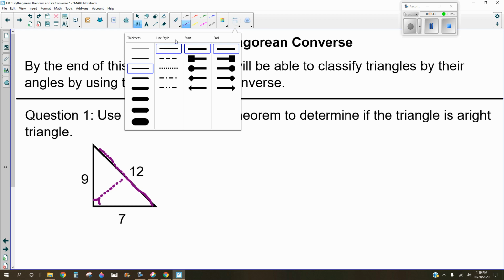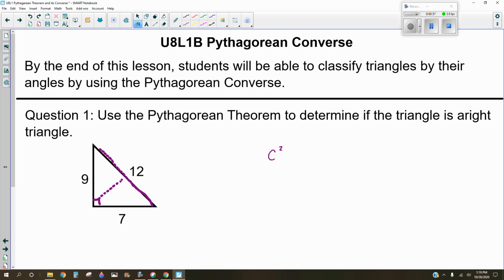So basically, what we know is that if c squared is equal to a squared plus b squared, this only works for right triangles. Okay? That only works for right triangles.